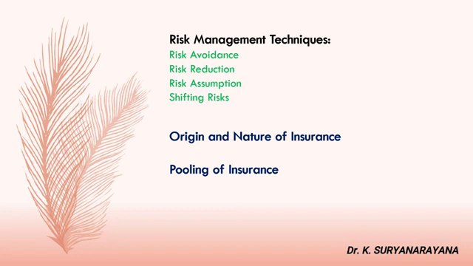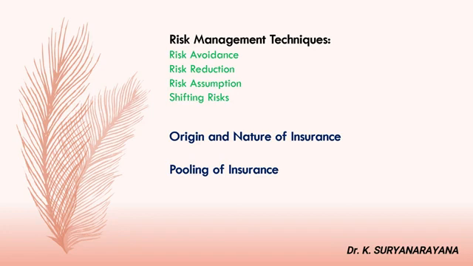An excellent example of loss reduction is the automatic fire sprinkler system, such that we can prevent the fire accident and also prevent the spread of fire. Such types of techniques definitely help to reduce the loss.